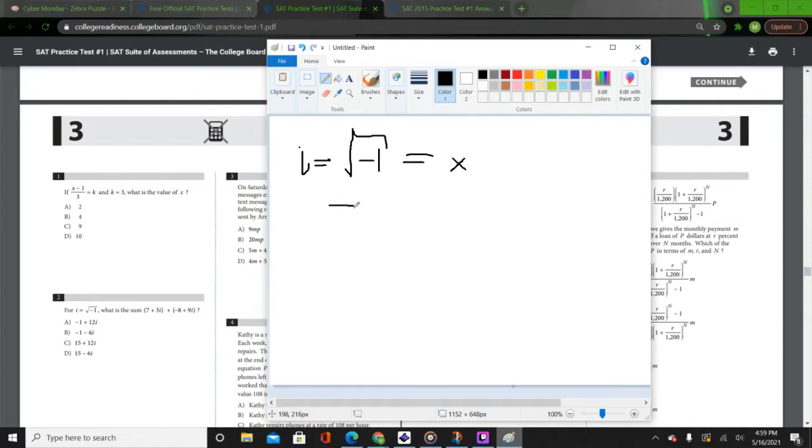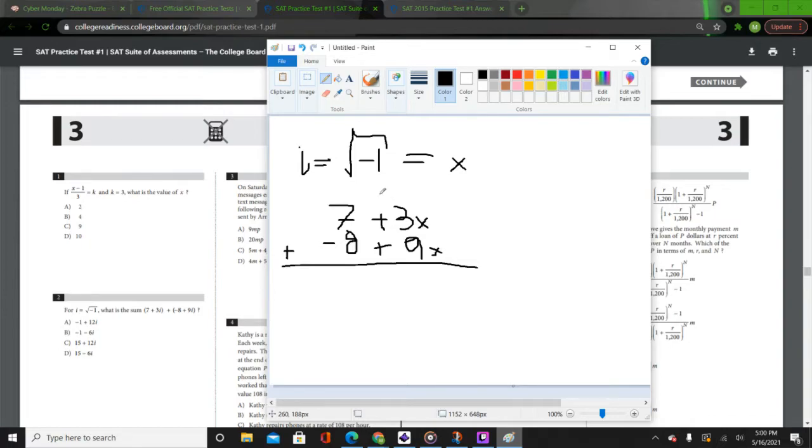So instead of this, we'll do 7 plus 3x, and then to that we're going to add, just to make it hopefully a bit easier to read, -8 plus 9i, or 9x, I suppose.